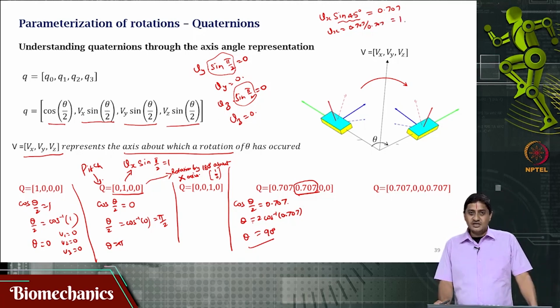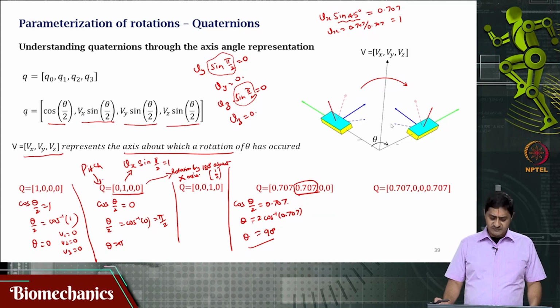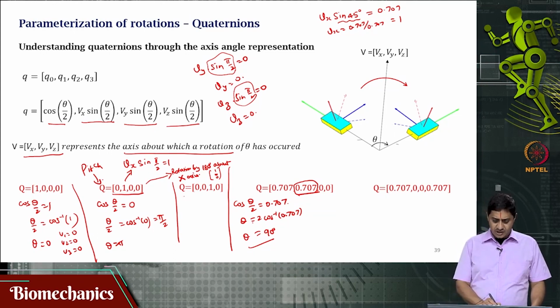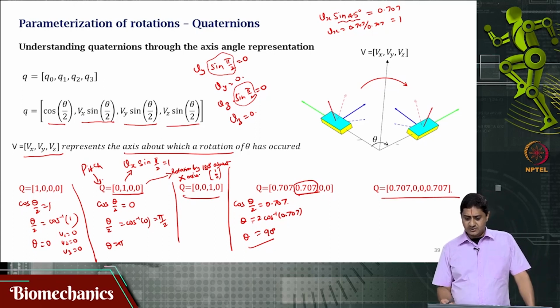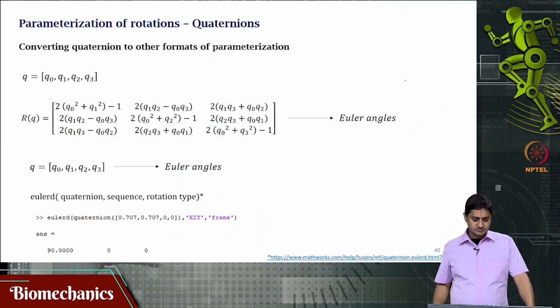What this means is that the rotation is purely about the x axis, and the angle of rotation is 90 degrees. So, here we have solved 2-3 of the quaternions. You can try on your own for the rest. Essentially, the axis angle representation represents a rotation of theta about an axis of this body.